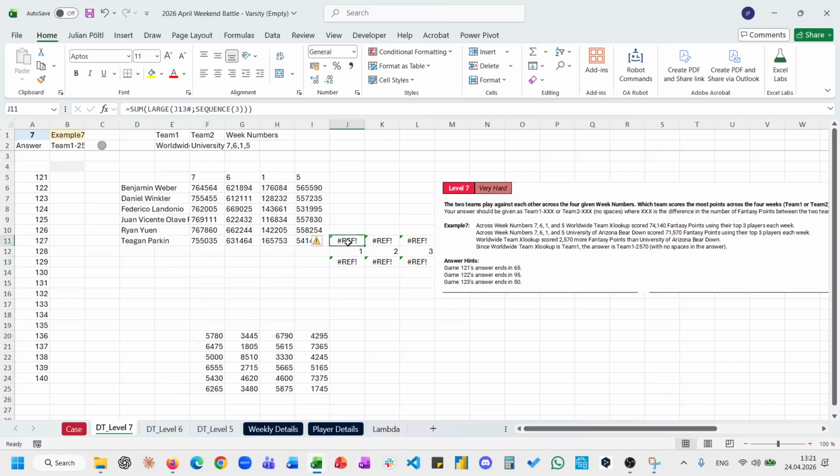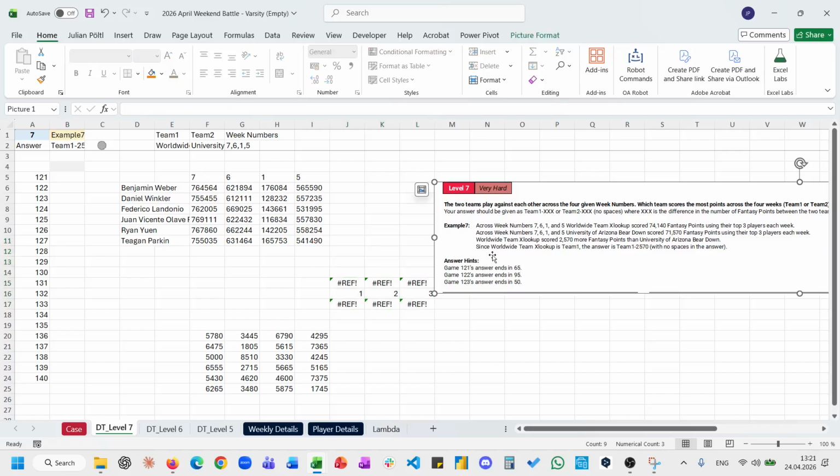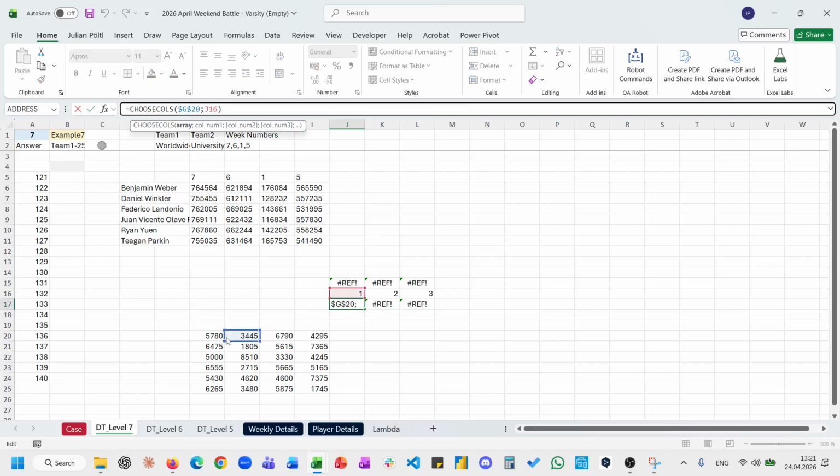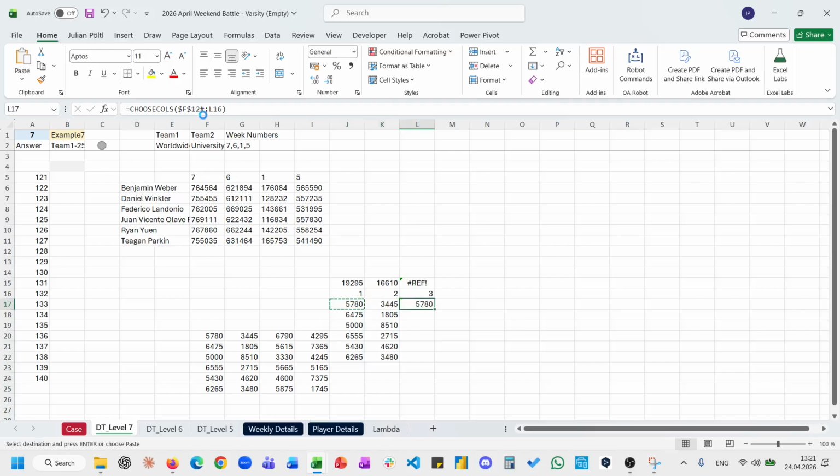Okay, make it a little bit more space. And this is then choose calls. 4 weeks.